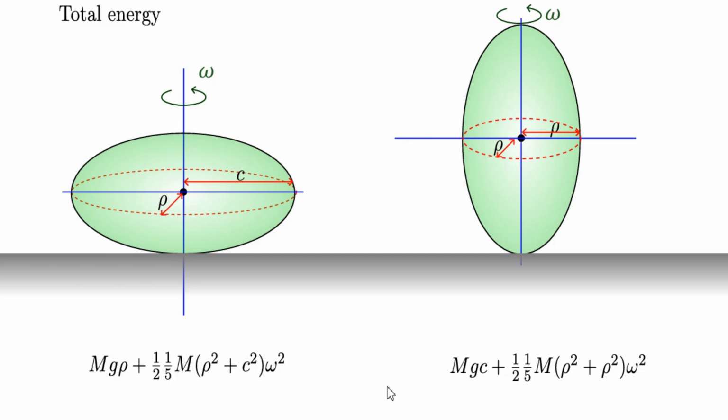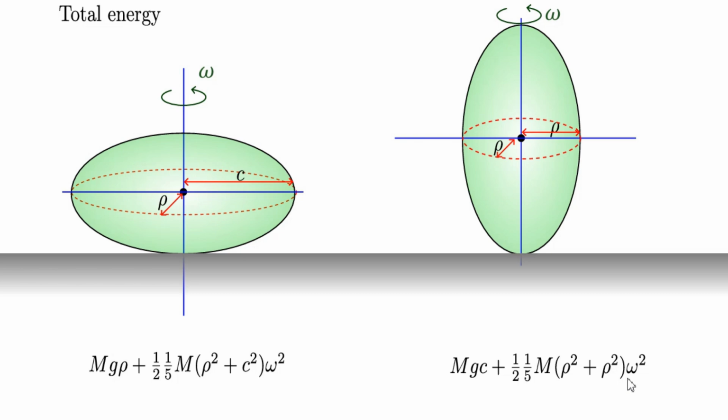So that's how we will have this expression. Similarly, in the vertical case, the total energy expression is mgc, that is potential energy, plus half I omega square, which is going to be half into 1/5 m (rho^2 + rho^2) omega square. Now it presents one interesting case.